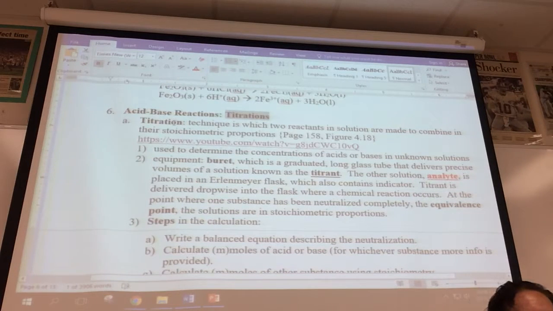Titration is a way to determine the concentration of an unknown substance, typically an acid or a base, although in your first lab, you're going to be determining the concentration of a base and then using titration in a redox reaction, which will be new to you and we will get into next week.